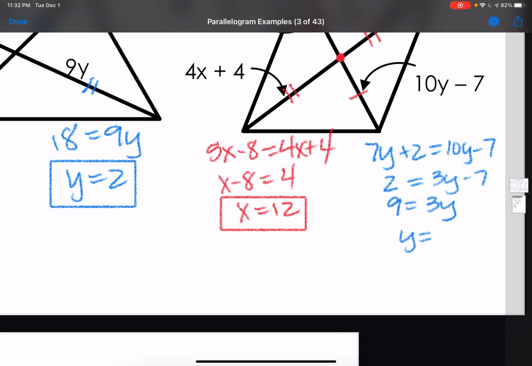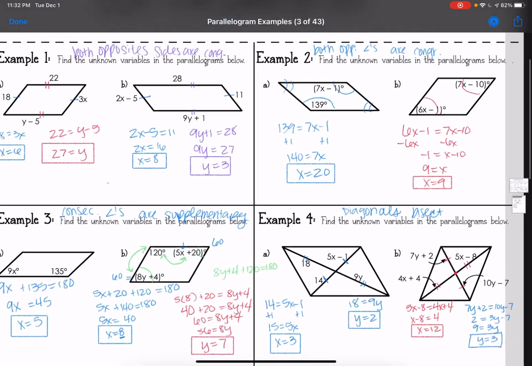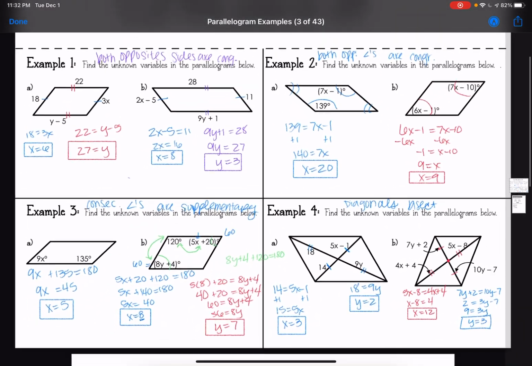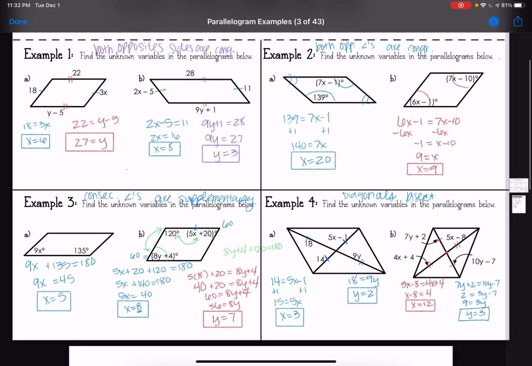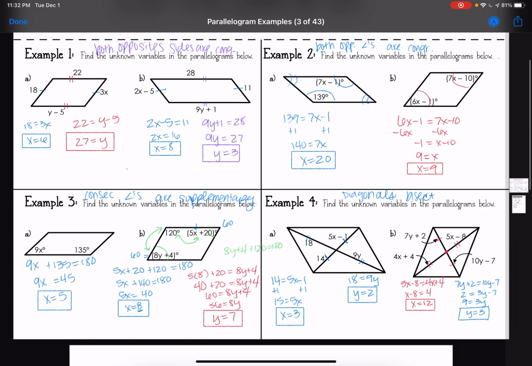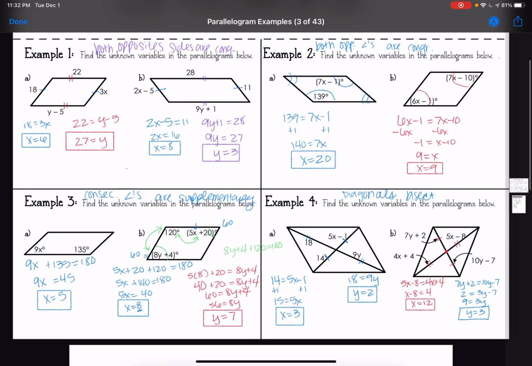So y is equal to 3. And that's it. All right, so you were able to apply the four of the 5 theorems to solve for many missing variables. Sometimes you'll have to set up a system of equations, but you know how to solve. And if not, check the videos at the end of this. You'll get some help.